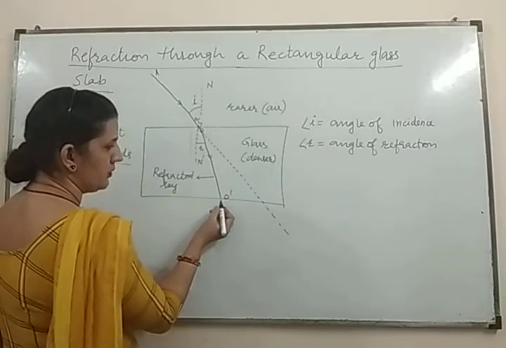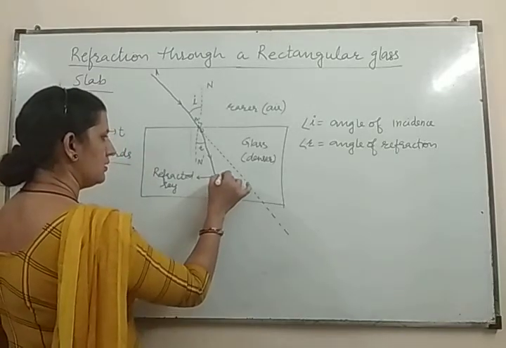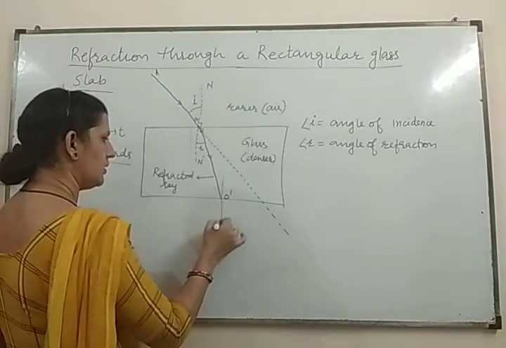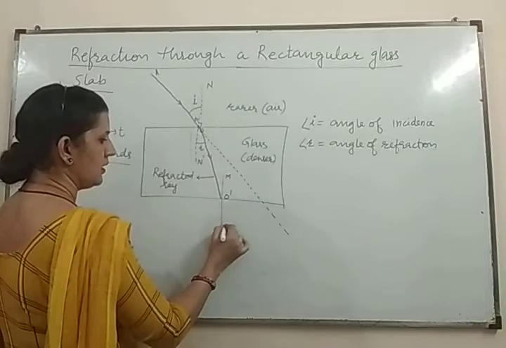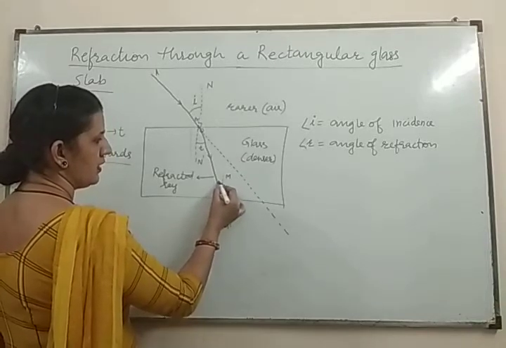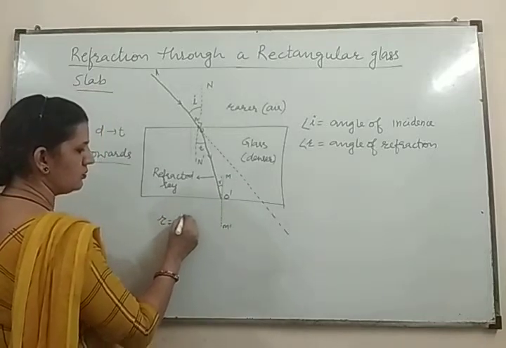And now at the point on the second surface where it touches the glass slab, draw another perpendicular here. Suppose this is M dash, and this angle is R dash. This angle R is equal to R dash.